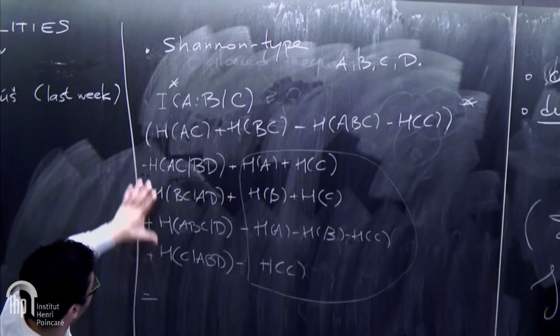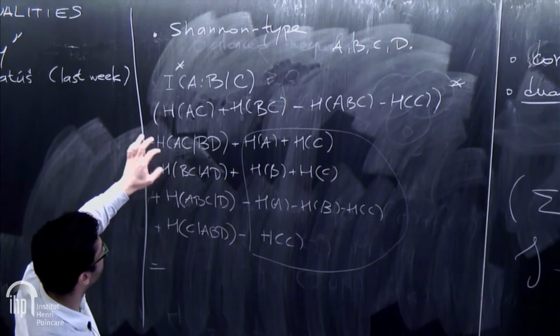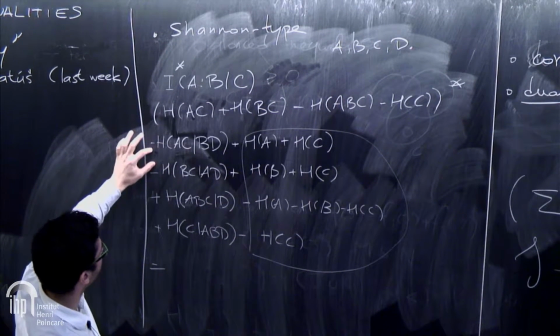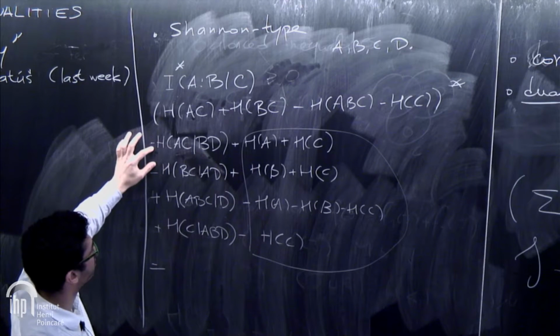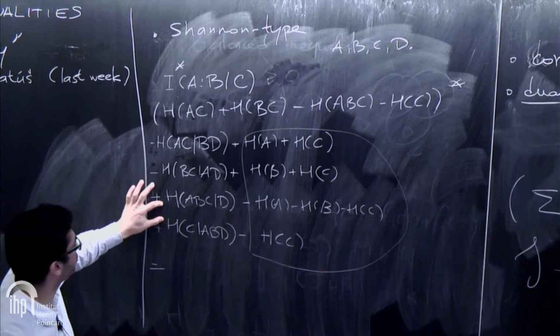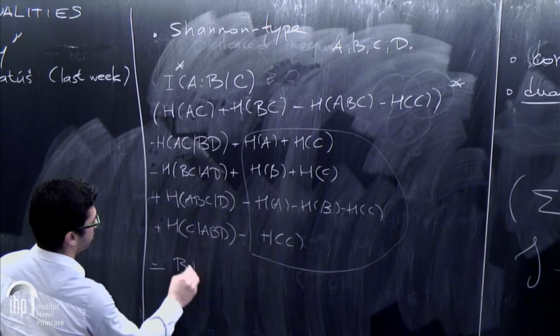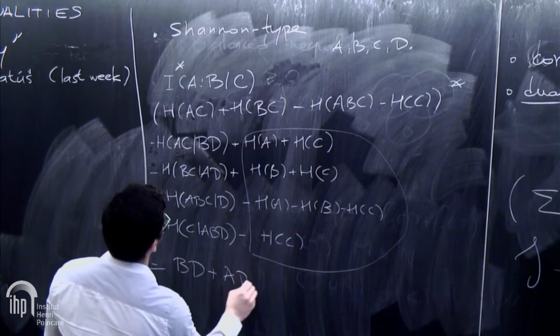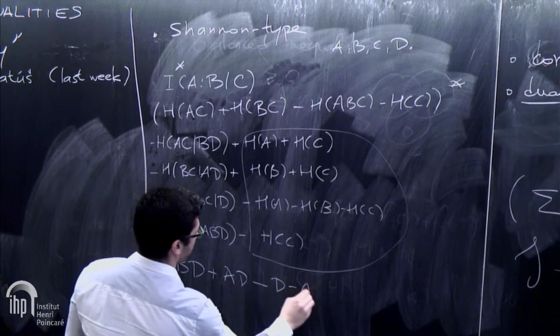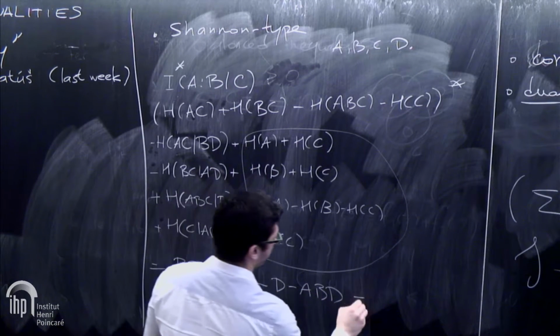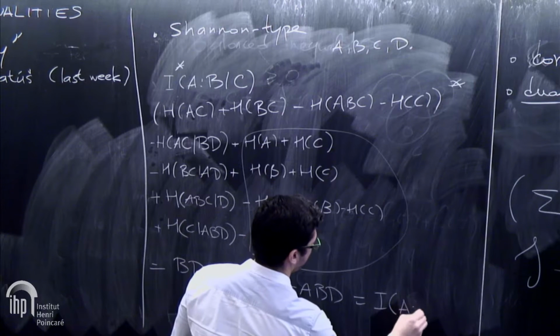And for the 4 terms, I have twice, minus 2 times entropy of ABCD. Here I have plus 2 entropy of ABCD, so it cancels. So all I get is actually BD plus AD minus D minus ABD, which is just the mutual information between A and B given D.